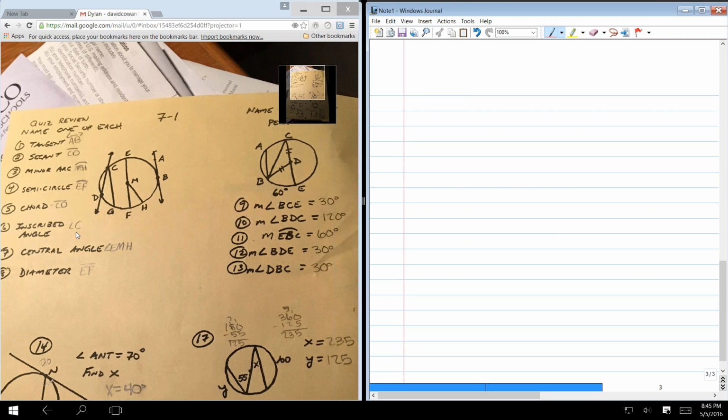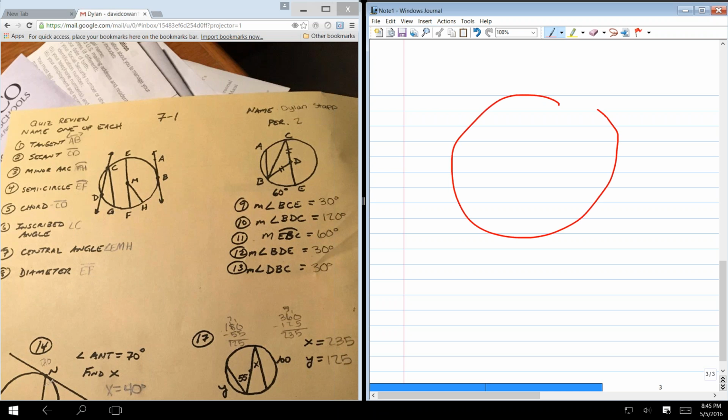You said angle C. I was kind of confused. Well, let me tell you what an inscribed angle is. Something looks like that. What we're talking about is an angle whose vertex is on the circumference. And in this case, we may have to describe it with three letters, not one.